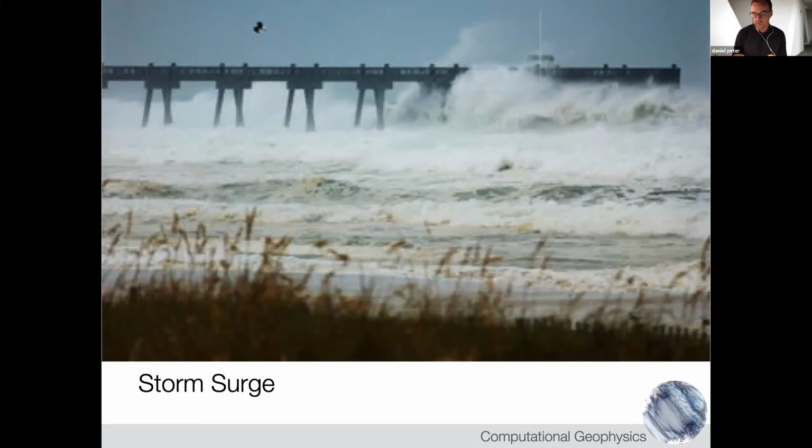Basically, it's the sea level rise plus the wave heights, which both together make it even more devastating when you have these large systems hitting the coast. So this is called the storm surge, when you have the sea level rise due to a low pressure system that moves in. And that you can model with the shallow water equation.